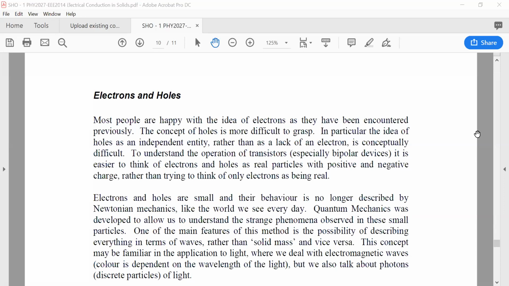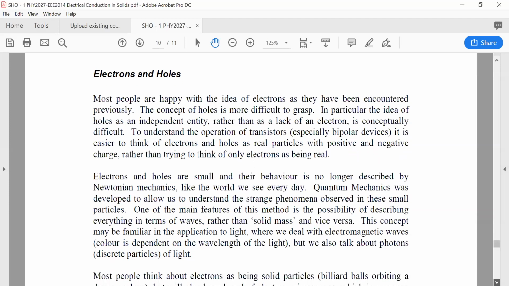And in fact, to really grasp the differences between electrons and holes, we need to be able to accept that both electrons and holes experience wave-like and particle-like properties. And so moving away from the idea that they're following Newtonian mechanics and instead follow quantum mechanical principles as well.